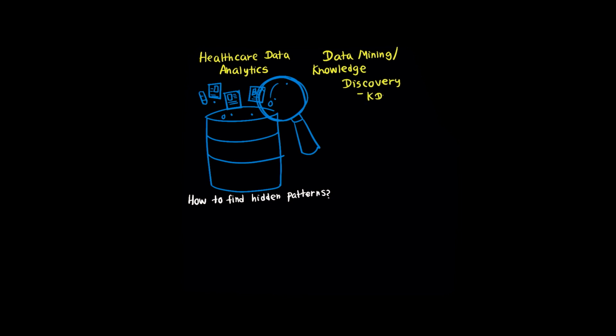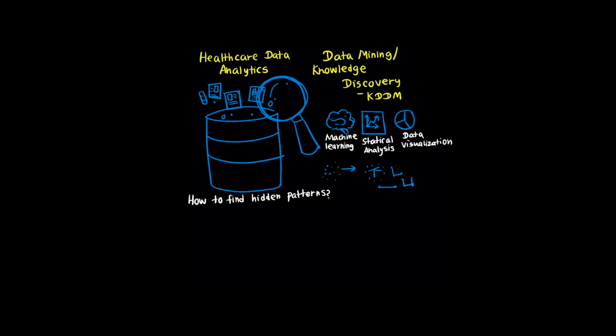For example, data mining might discover that patients with a specific combination of lab values, medications, and demographics have high readmission rates. A pattern not obvious without analyzing thousands of patient records. It uses techniques from statistics, artificial intelligence, and computer science to find relationships and predict outcomes.